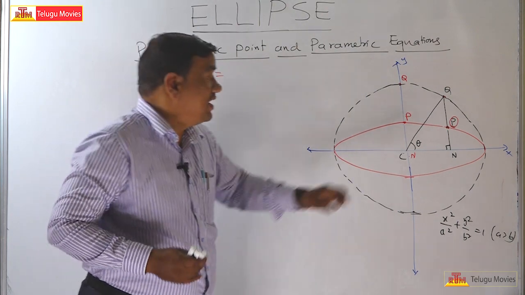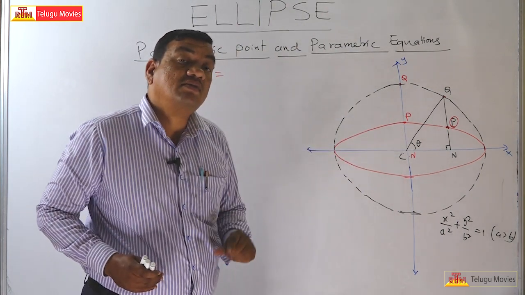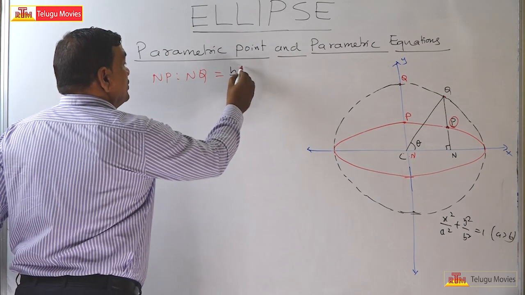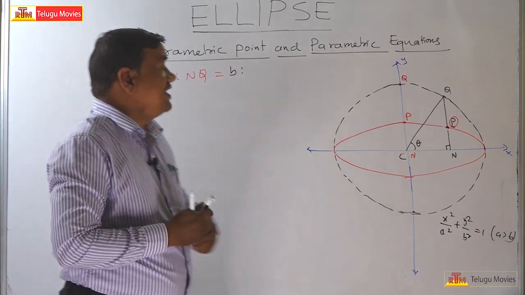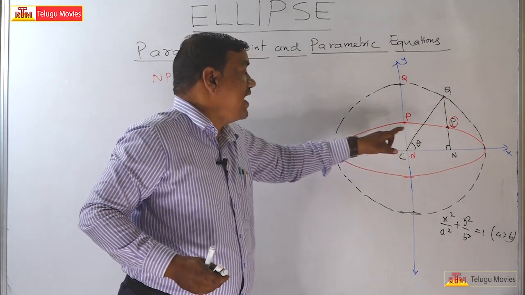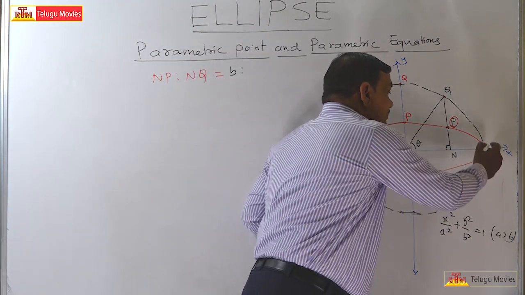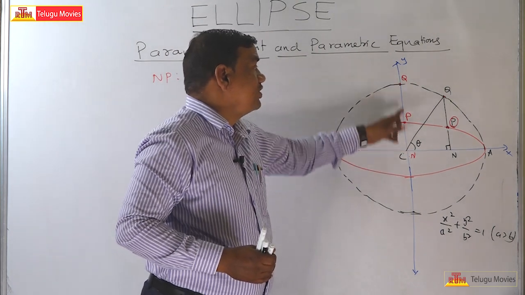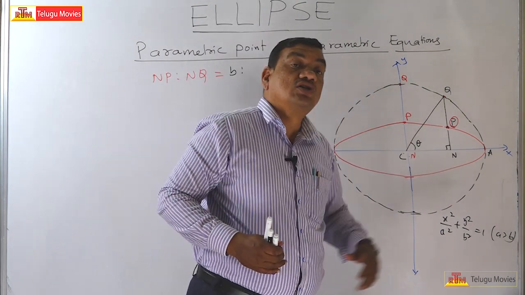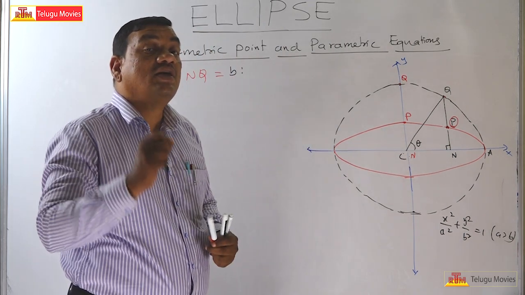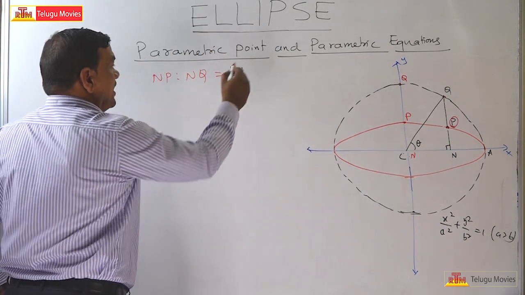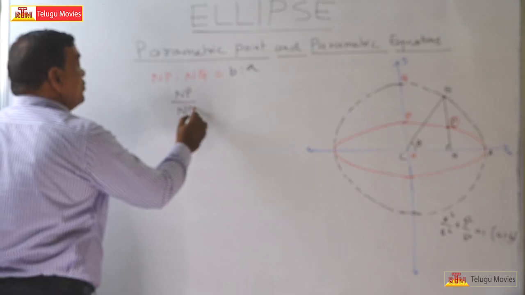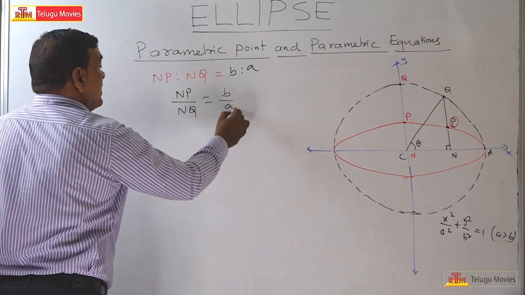NP is nothing but the semi-minor axis, that is b. NQ and NA are both the same, because NQ is the radius and NA is also a radius, whose length is the semi-major axis, that is a. So from this, NP by NQ is equal to b by a.